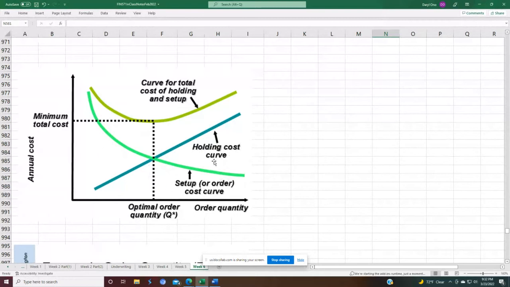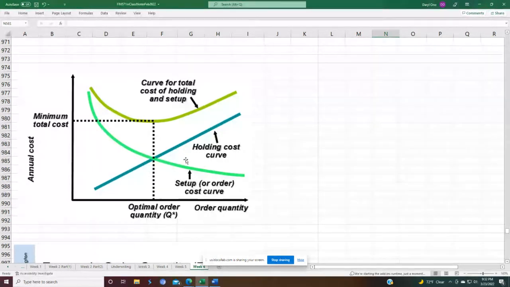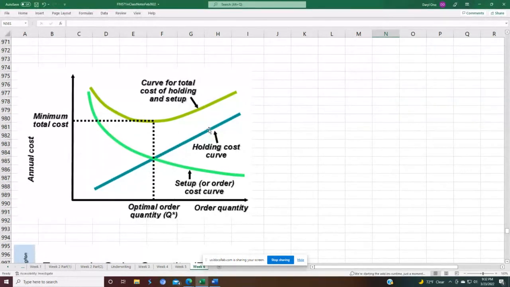The total of your warehousing costs and your procurement or ordering costs, the dark green line plus the light green line, gives you this olive colored line. This is your total inventory cost, the cost of procurement and the cost of warehousing.